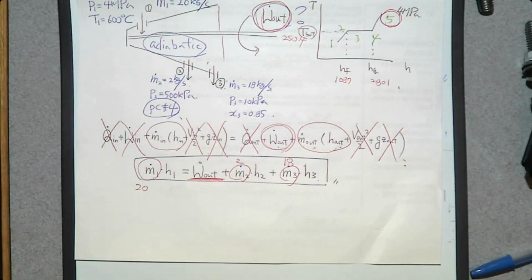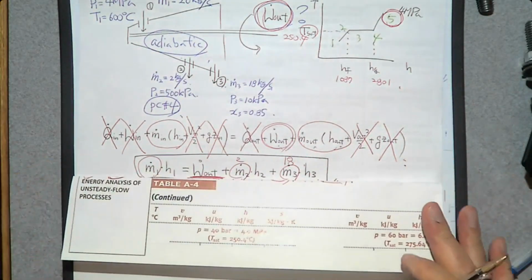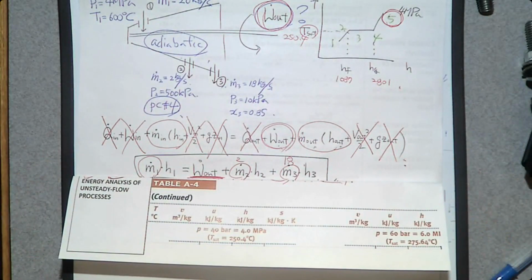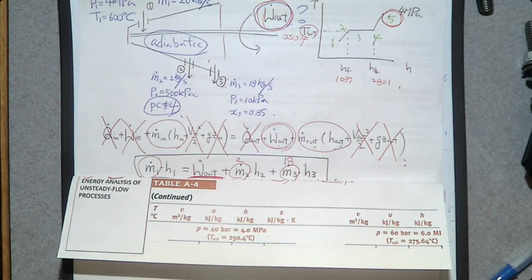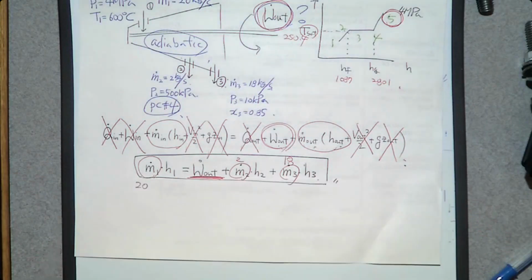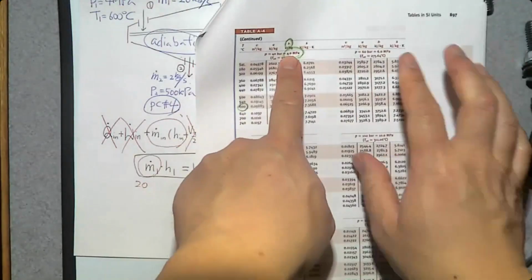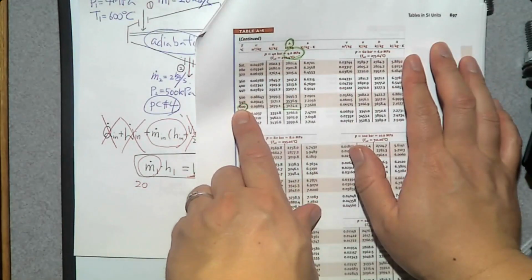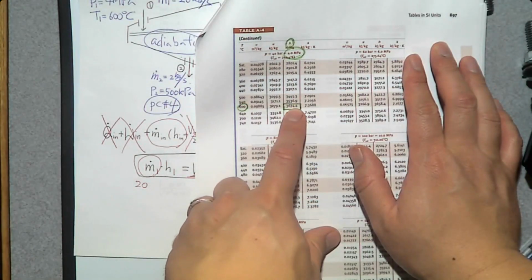The superheated vapor table is table A4. So the number you're looking for is somewhere down here. I don't have it, but don't worry about that. I have this table A4, and let's find 4 megapascal at 600 degrees Celsius.